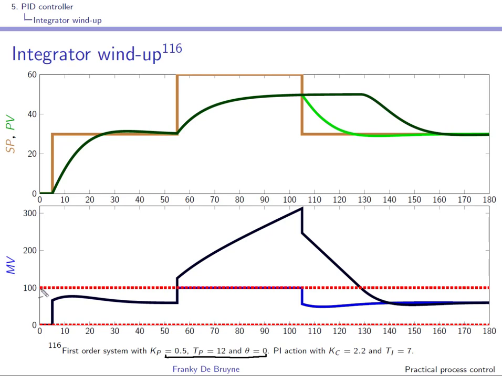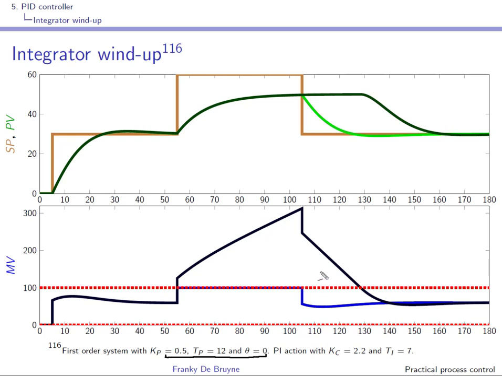So what we'll do is compare two controllers. The first controller, and this is with the light colors here, so here you have MV, here you have PV. This is a PI controller where the limitations of MV have been implemented correctly, as will be shown later on in the course, right?